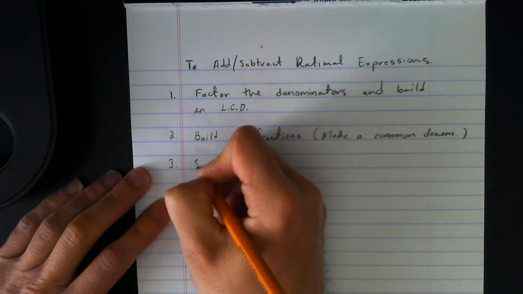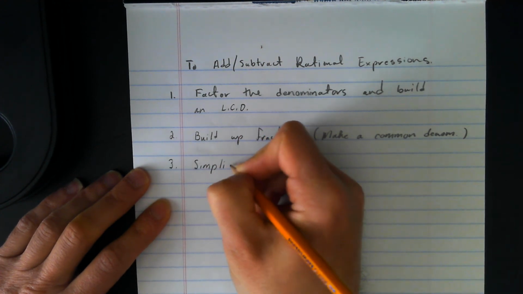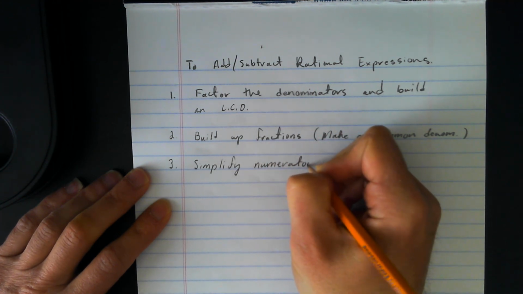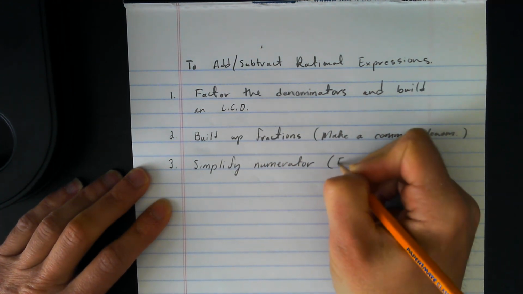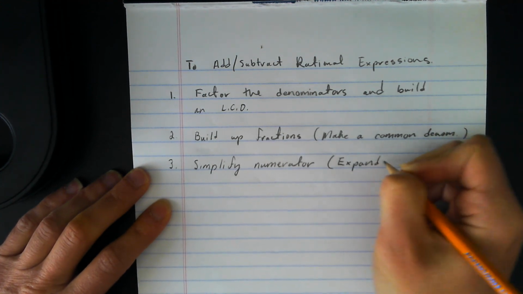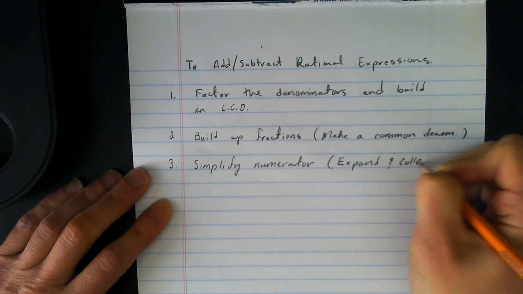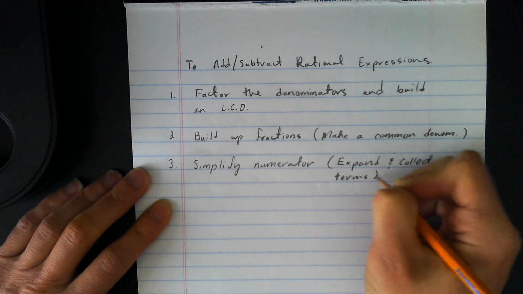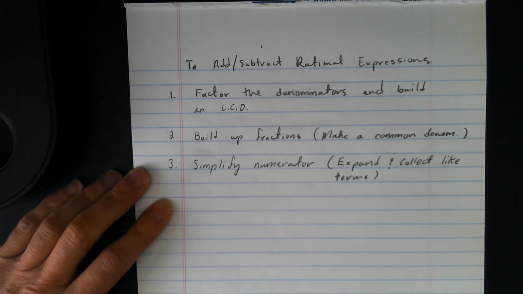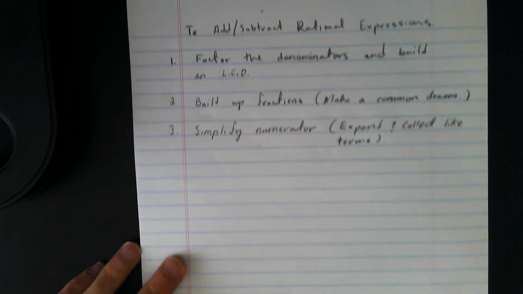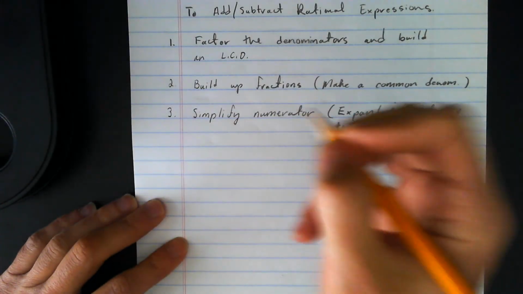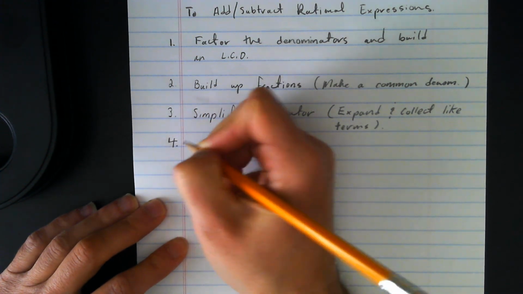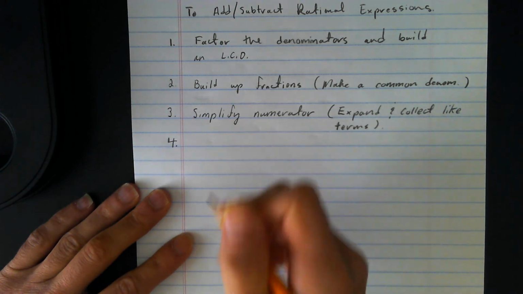Three, we're going to simplify the numerator. And we're going to expand and collect like terms. And then four, we're going to factor the numerator again.